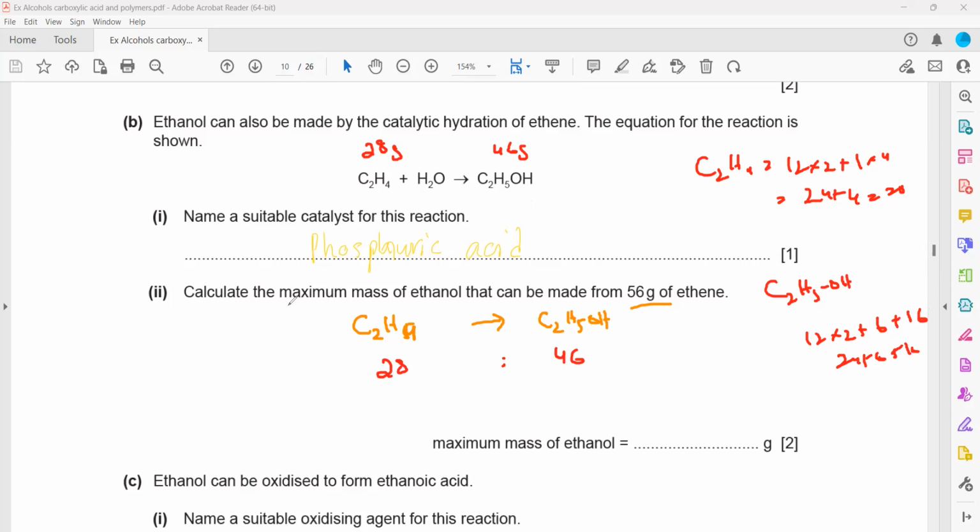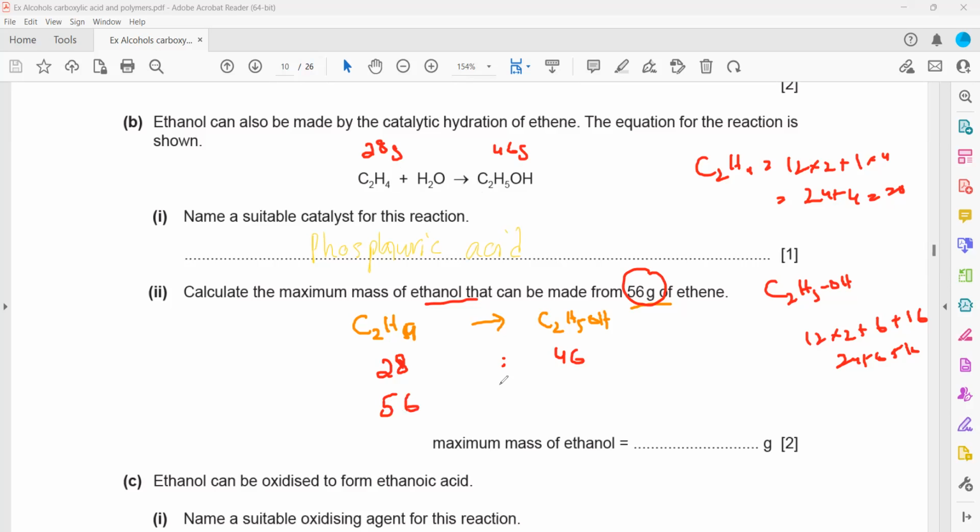We need the maximum mass of ethanol from 56 grams. Molecular mass refers to the mass of one mole, and because we have only one molecule for both, the molecular mass is the same as the mass here. So 28 gives 46.